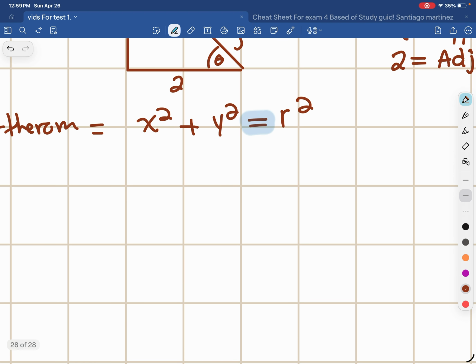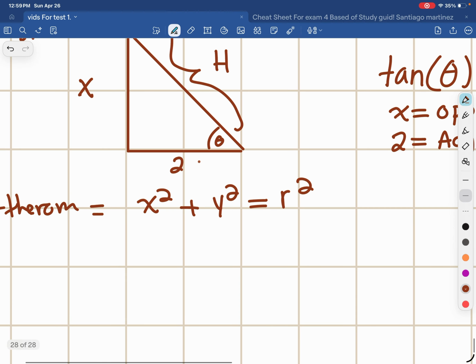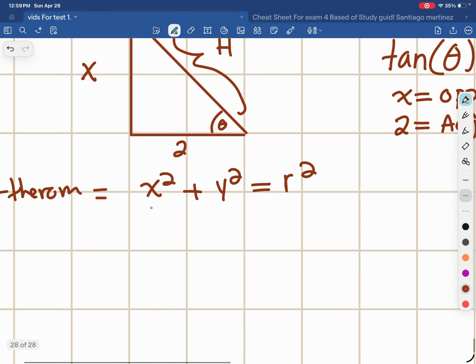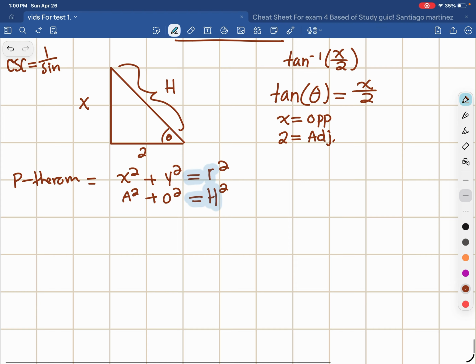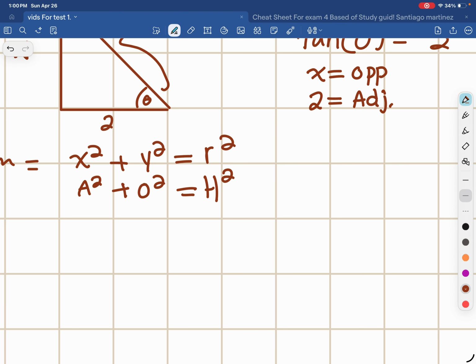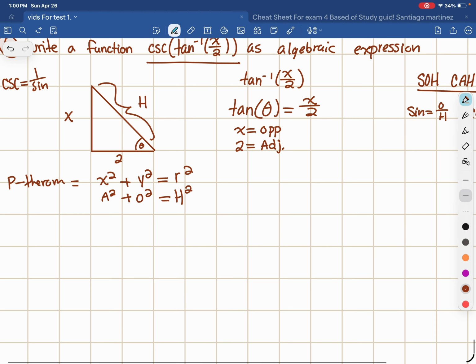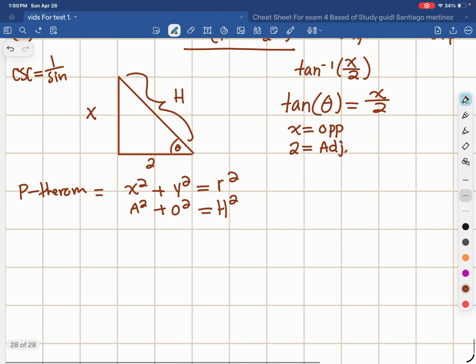Another way of writing it, in terms of the triangle, is adjacent squared plus opposite squared equals hypotenuse squared. There is also a Pythagorean theorem of the actual functions, which we'll use later on in the next couple of videos. But for the time being, let's just focus on this.